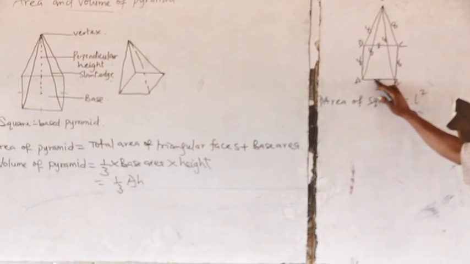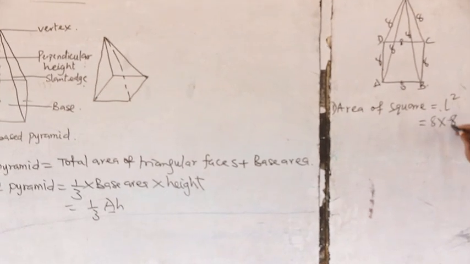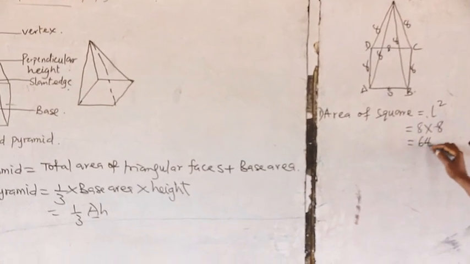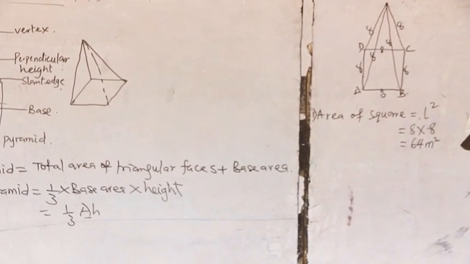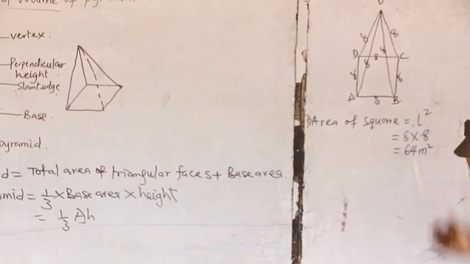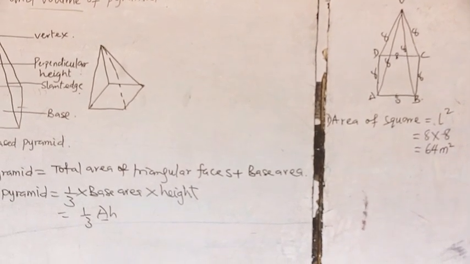The side of this square is 8, so we have 8 times 8, which gives us 64 meters squared. That unit is very important, please. If you don't put that unit, that is minus 1 for omission of unit. So that is the area of the square.